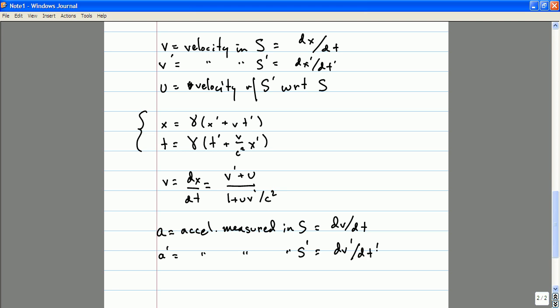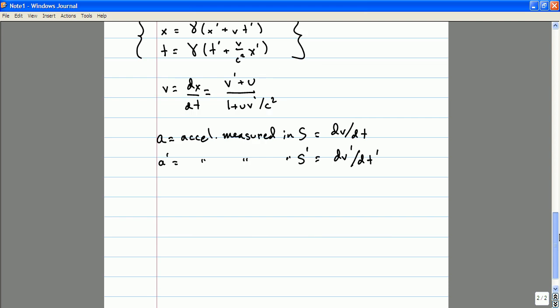And just as v can be determined by v prime and u, A can be determined by A prime and u. And all one needs to do then is just work out the relatively straightforward, but as we'll see, a bit lengthy computation involving this change of variables between S and S prime. So that's what I want to do right now.